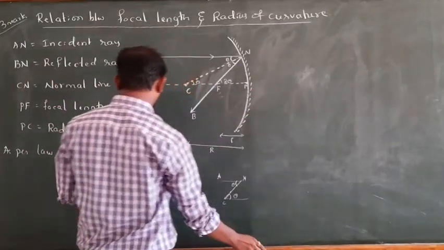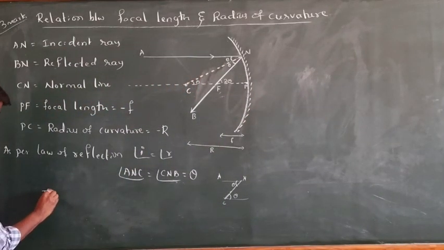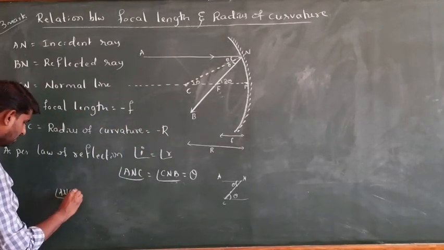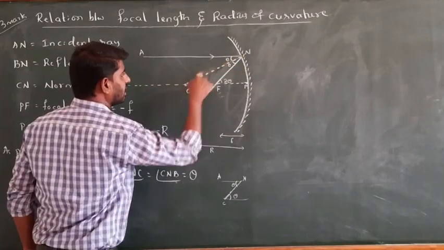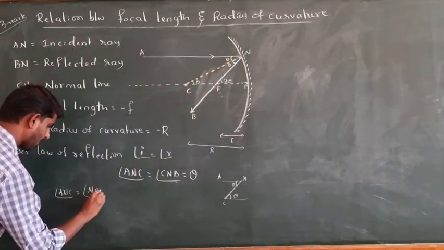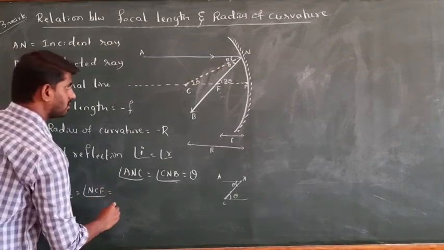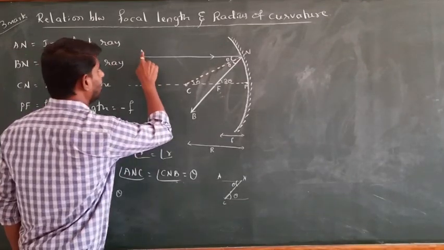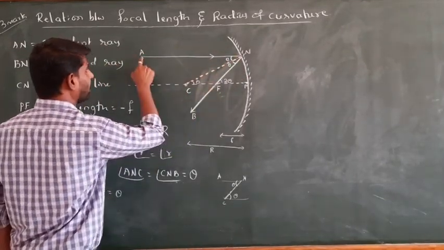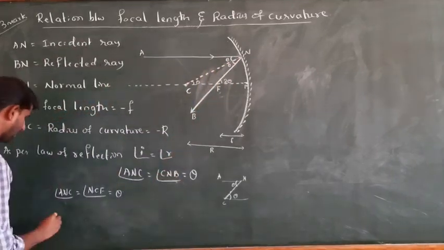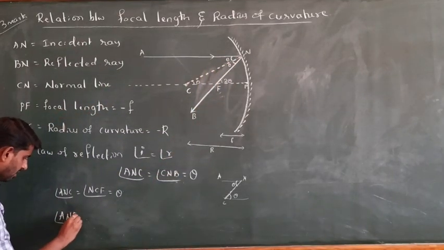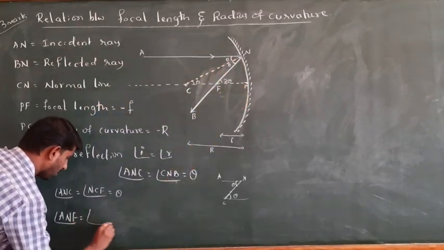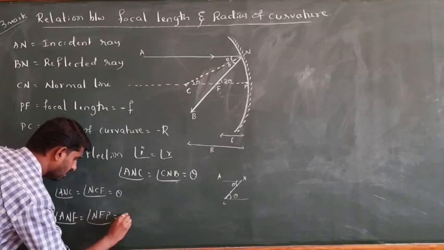Right? So now I can write these values. Angle ANC equal to NCF equal to theta. In the same way, angle ANF, this is 2 theta, ANF equal to NFP, this is 2 theta.